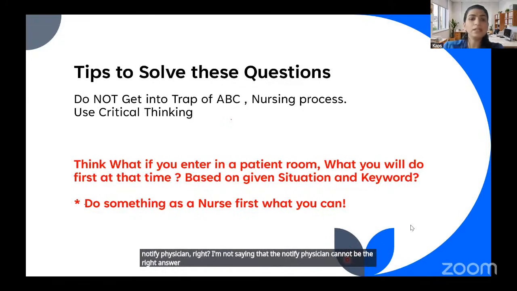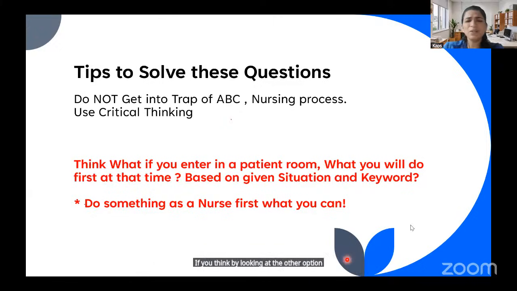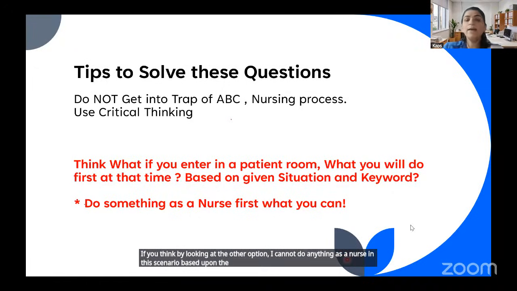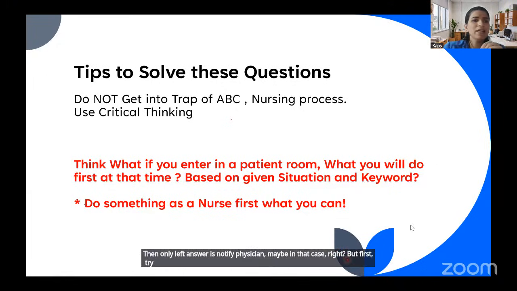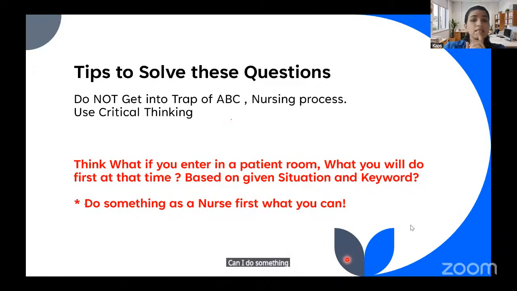It can be the right answer, depending upon the options they give you. If you think, by looking at the other options, that I cannot do anything as a nurse in this scenario, then the only answer left is notify physician, maybe. But first try your best. Can I do something first as a nurse? So this is how you always think in those questions.